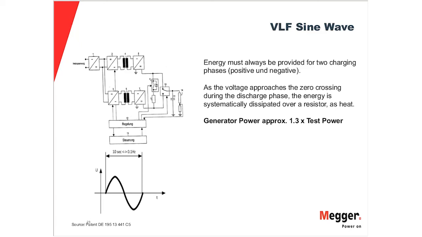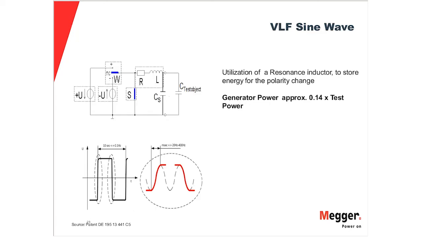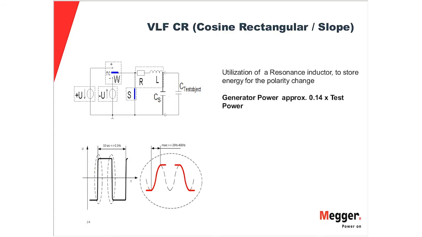So if you have 0.01, 1 over it would give you a cycle time of 100 seconds for one cycle. The cosine rectangular doesn't have or doesn't need that ability to tune down the frequency. That means frequency at cosine rectangular is always 0.1, never ever any other frequency than 0.1 Hz.